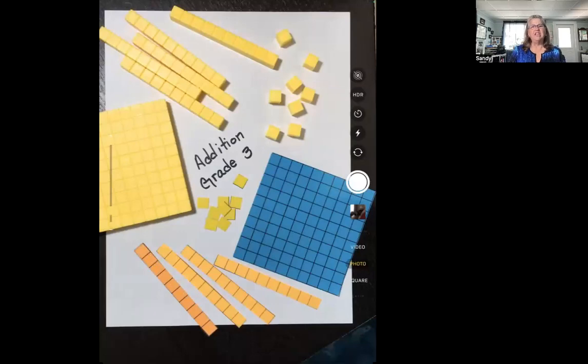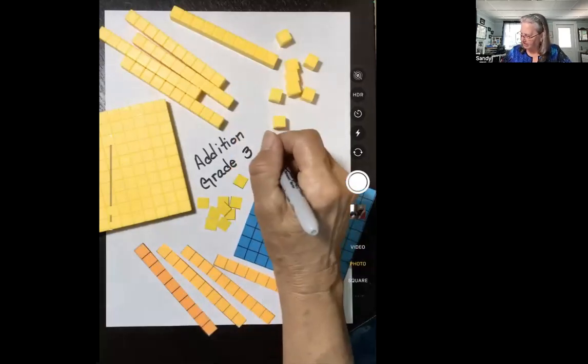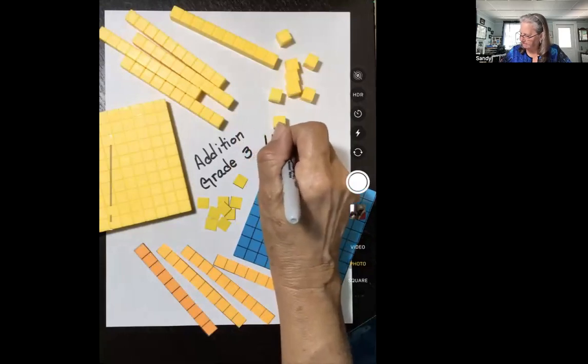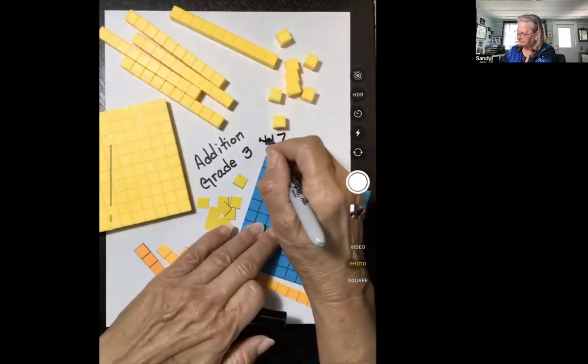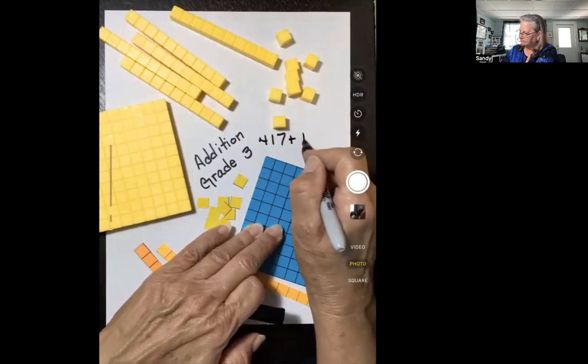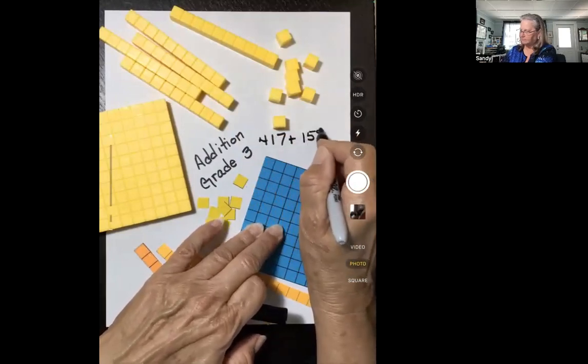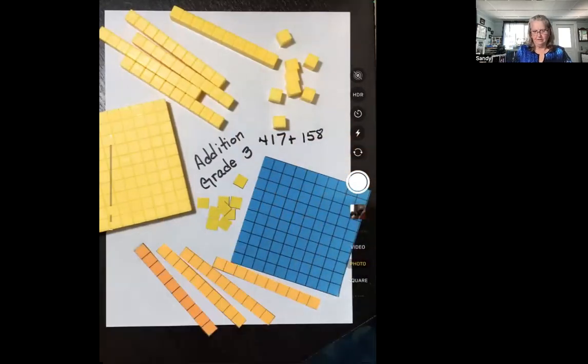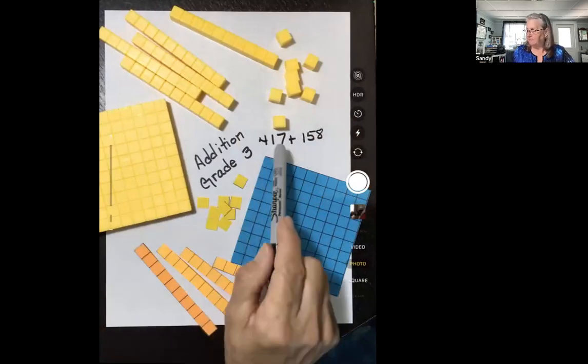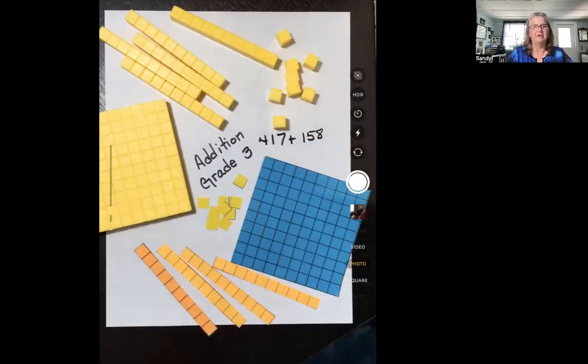Now, when we see a story problem or a symbol, let's say I see this problem written. I would read this most of the time, 417 plus 158.